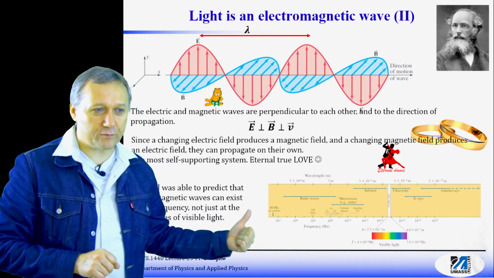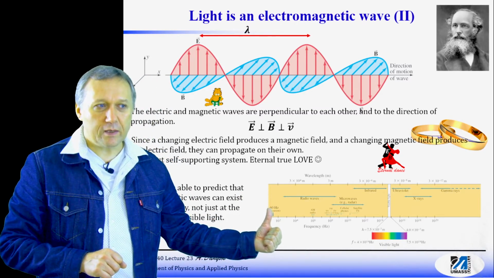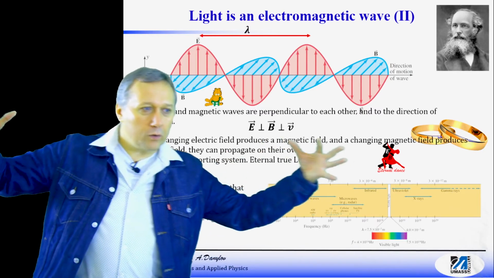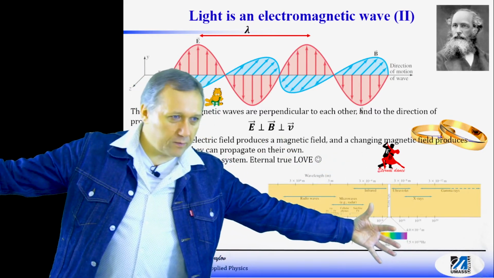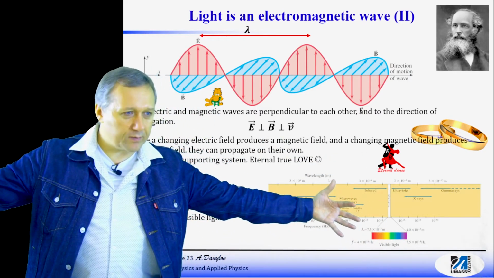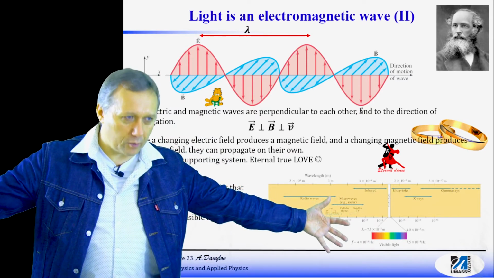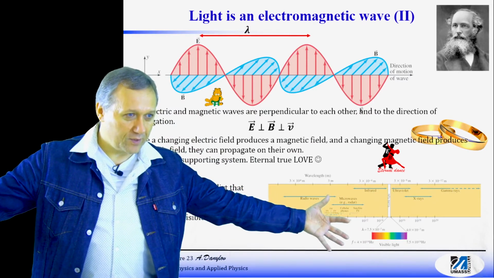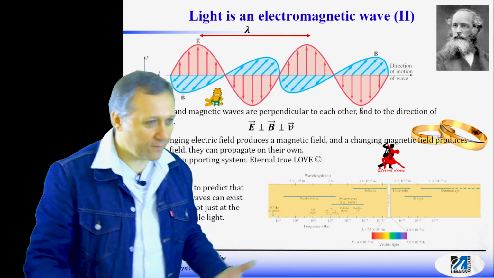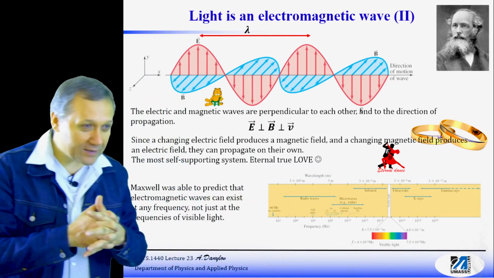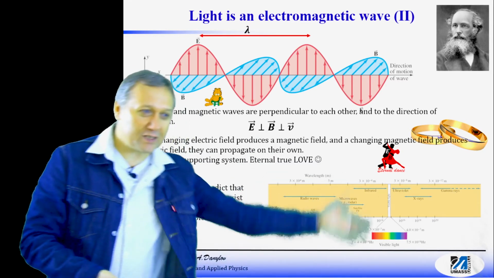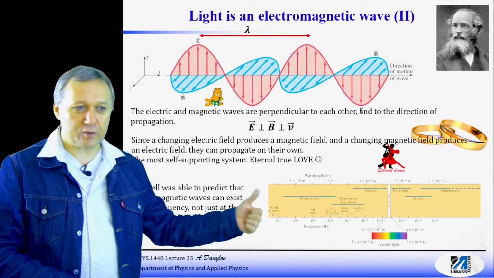Now if you start from this side, radio waves have long wavelengths. It can be meters, 100 meters, kilometers, right? So wavelengths can be very long, large. But frequency is very, very small. If you multiply wavelength by frequency, you will get the speed of light. So radio waves propagate with the speed of light.